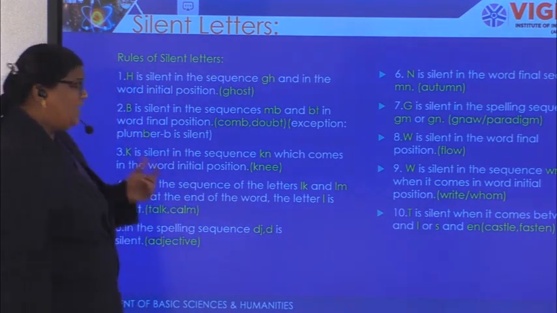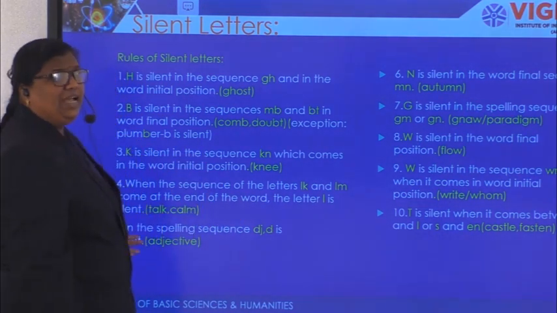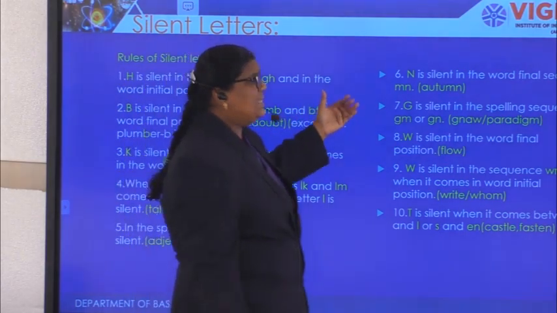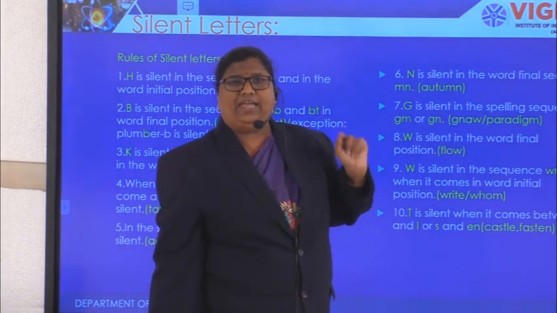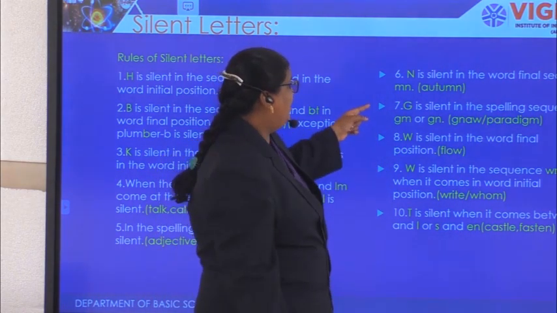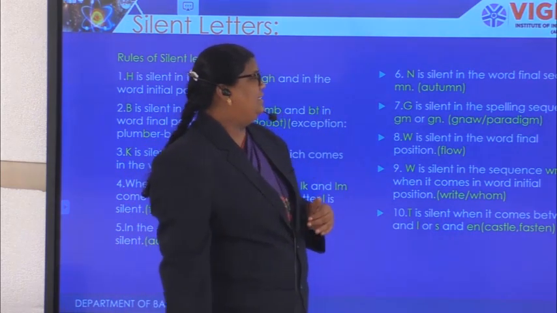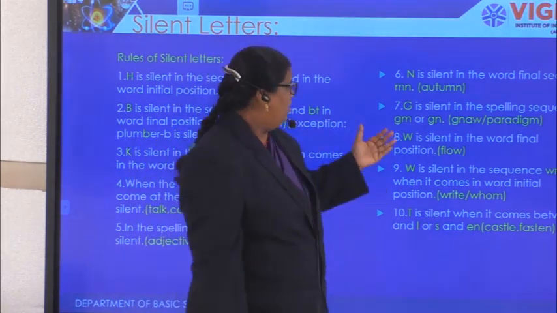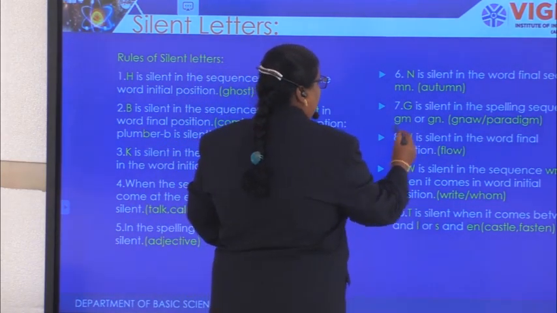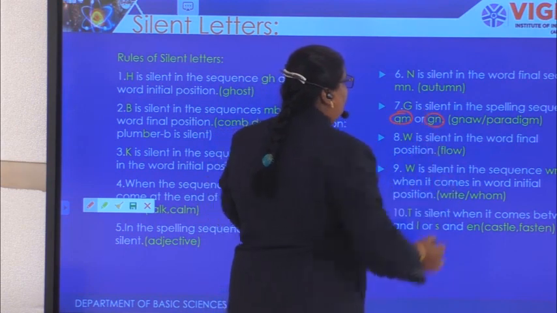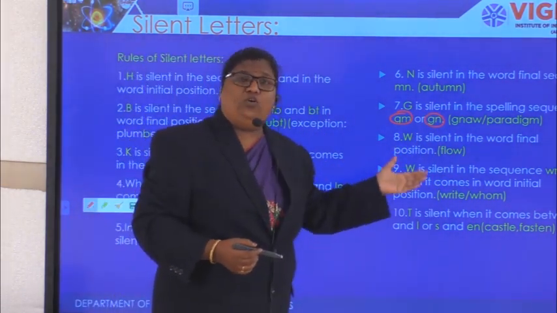And then in the spelling sequence DJ, D is silent, like adjective. Next, N is silent in the word final sequence MN. If you get MN at the word end, automatically N is silent. G is silent in the spelling sequence GN or GM in the word initial or word end position. And then W is silent in the word final position, like flow.